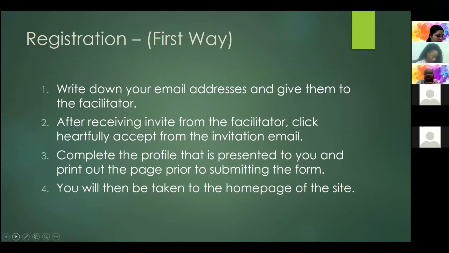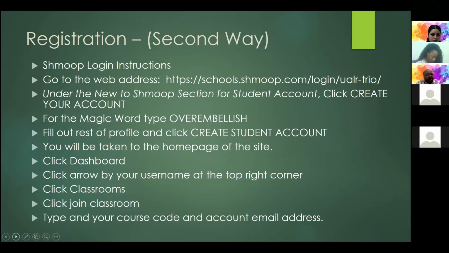One way is through email: you give us your email, and then you'll get an email saying to accept our invite. The second way is longer, which requires our magic word. You have to fill out a whole sheet on your own. So one way is we give you a code. The other way is you give us your email address, and we'll add you into the course.